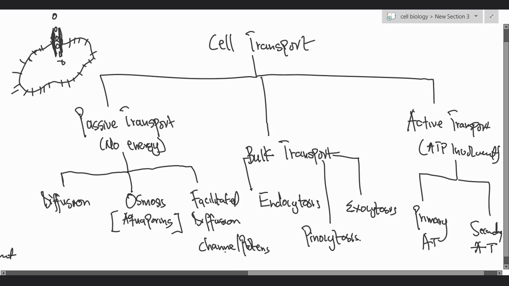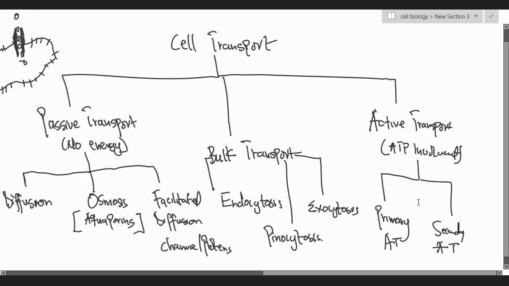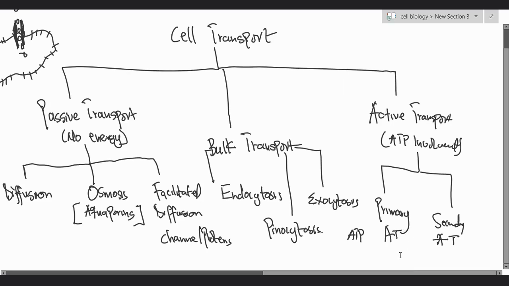Now let's talk about active transport. For the active transport, we have primary active transport and secondary active transport. For the primary active transport, it makes use of ATP for the movement of substances from the intracellular compartment to the extracellular compartment and vice versa.